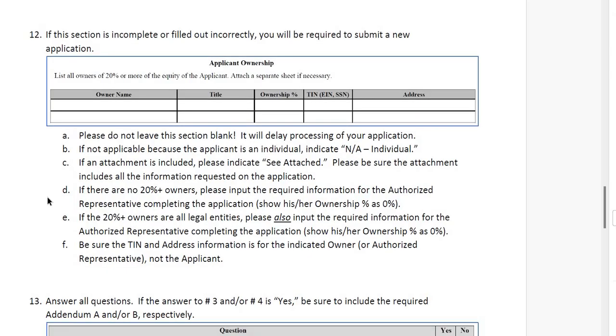And it goes on to state, if there are no 20% plus owners, please input the required information for the authorized representative completing the application. Show his or her ownership percent as 0%.